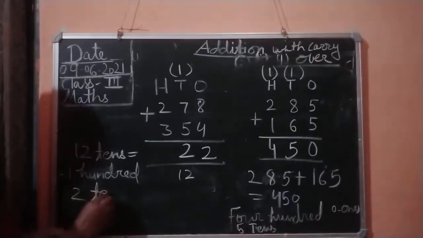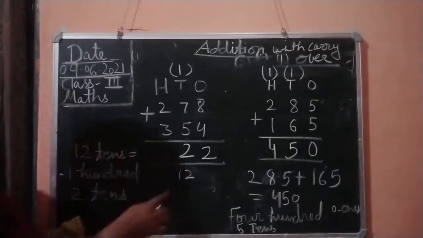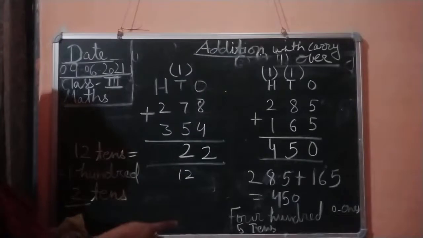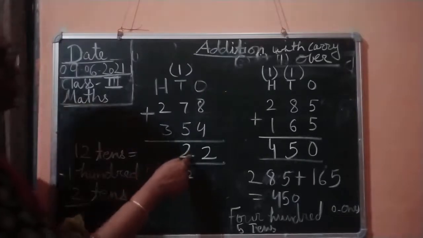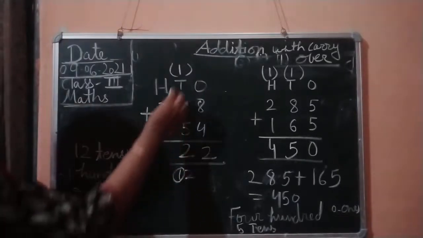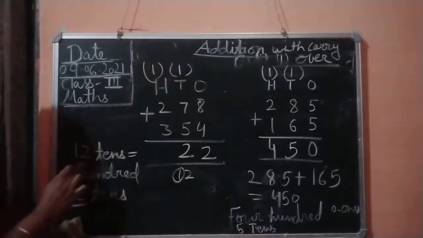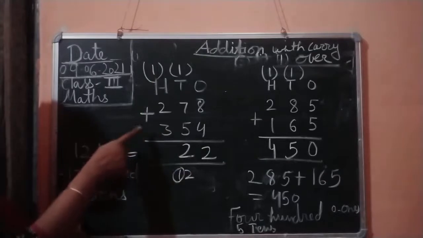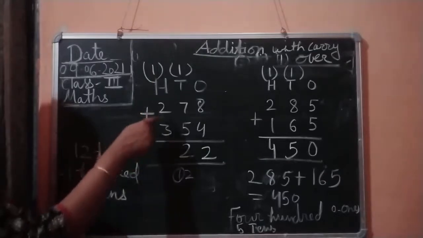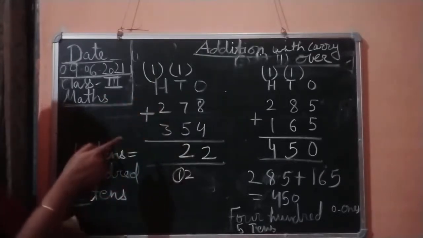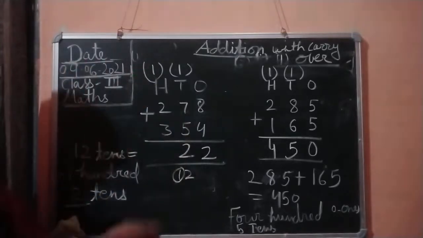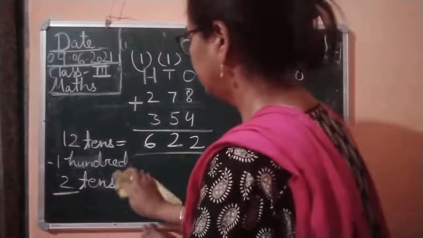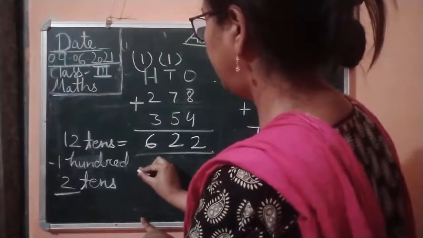So that is why we will write 2 tens. This is 2 tens. That is why we write 2 over here, and 1 hundred will be carried over, because this is 12 tens. That is why we will add over here. This is 3, 2, 5 plus 1 is 6. This is 600.